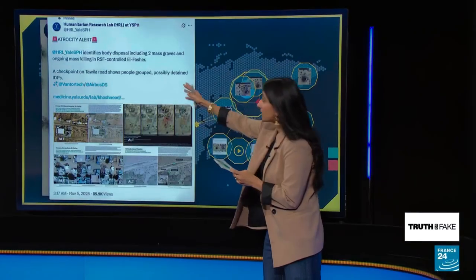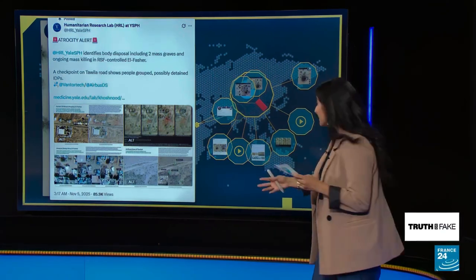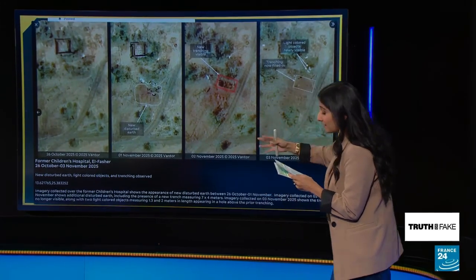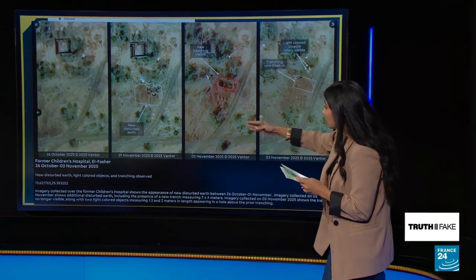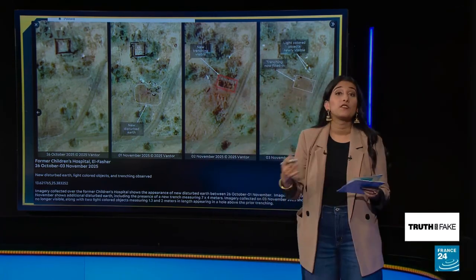That is correct. As we mentioned earlier, Yale's Humanitarian Research Lab just released their analysis of satellite imagery. If we take a closer look at those images, we can indeed see they have made it very clear. They've described in detail where they've seen new disturbed earth, new trenching, and the disposal of bodies, visible in their report and their images.